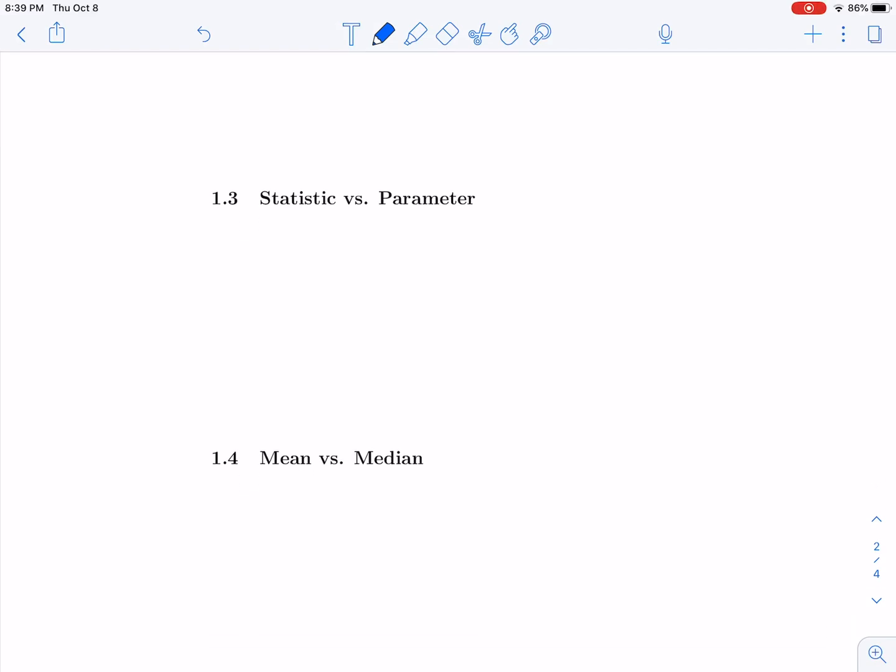A statistic versus a parameter. Okay? A statistic is info gained from a sample. Right?